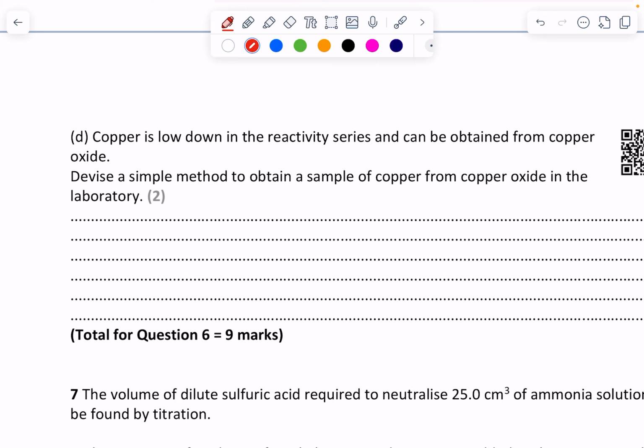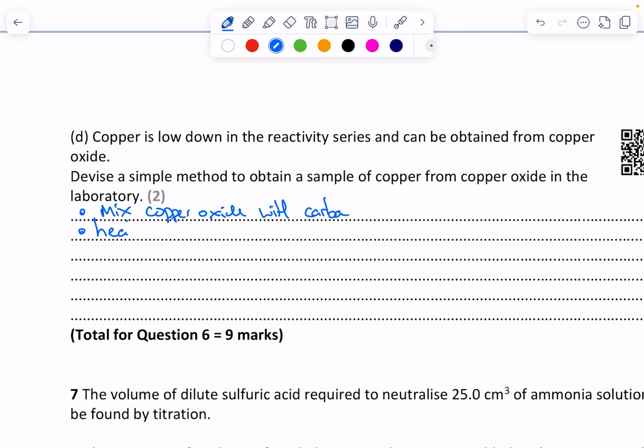Describe a method to obtain copper from copper oxide. So what we can do with this one is we mix the copper oxide with carbon. Carbon is higher up the reactivity series, so it will react with it.